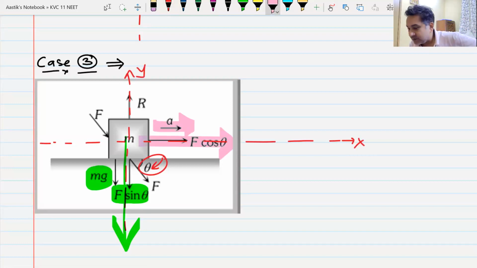Can anyone tell me what is the equation along y-axis? It is not going to move along y-axis. It is in equilibrium along y-axis.